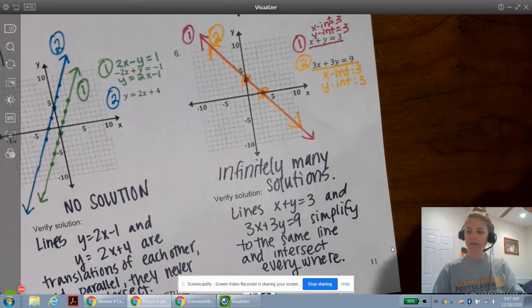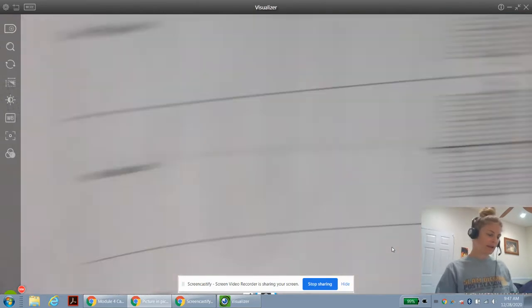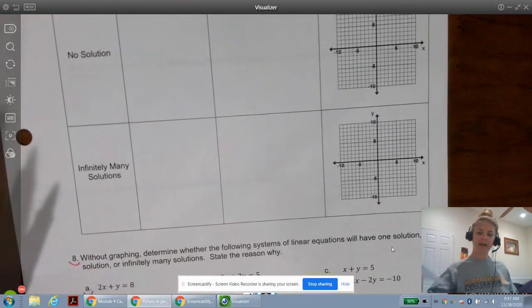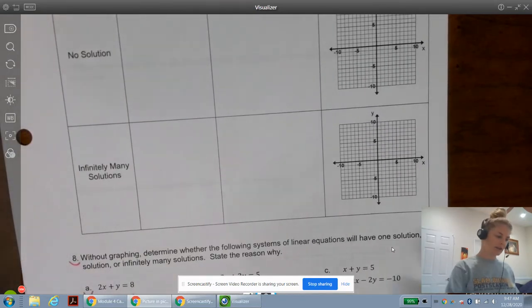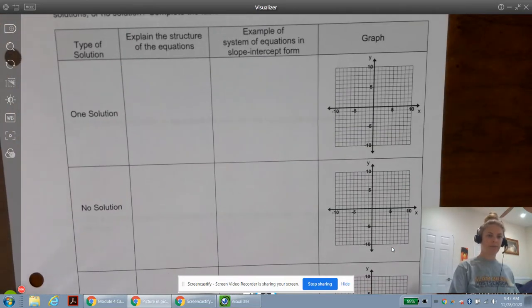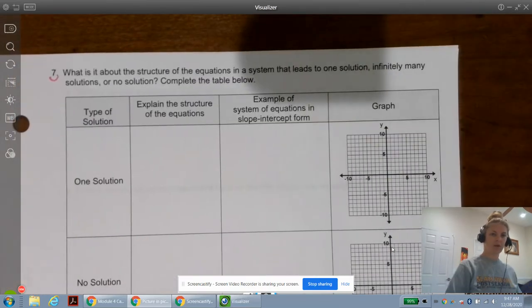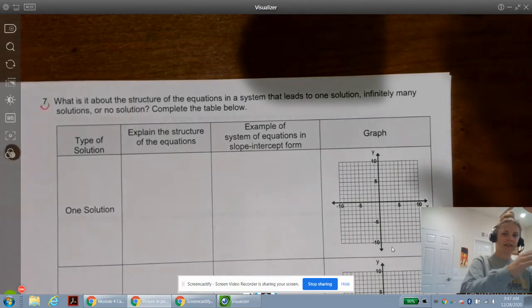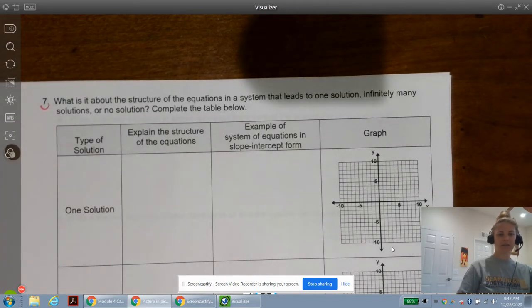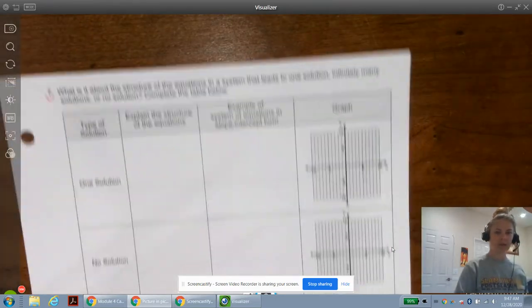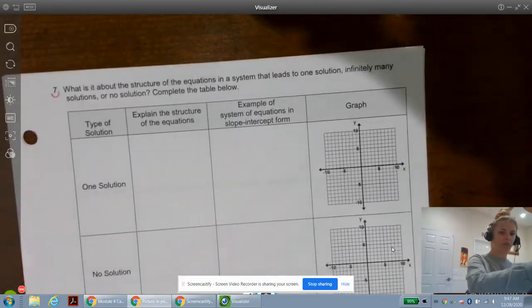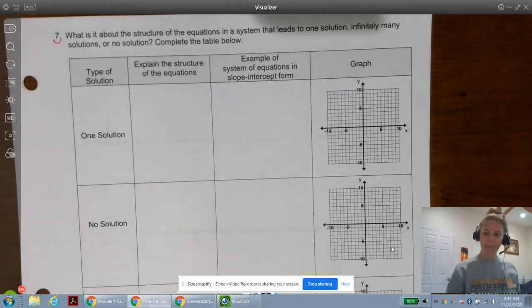Okay, so we are going to keep going and we're going to summarize everything we just talked about in a nice table. Taking a look at this table, it says, what is it about the structure of the equations in a system that leads to one solution, infinitely many solutions, or no solutions? And complete the table below. This is going to be important for the rest of our module.